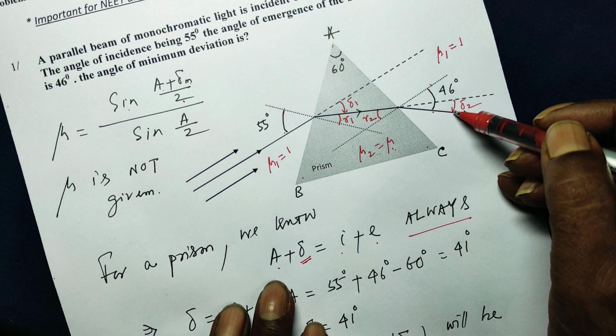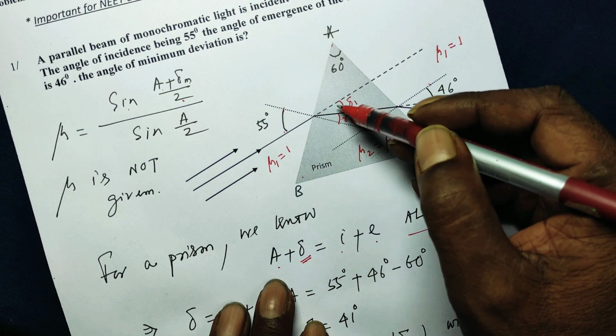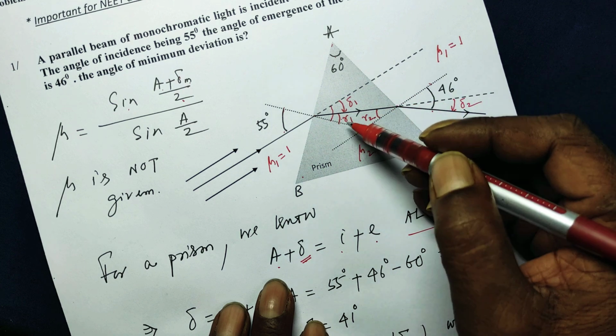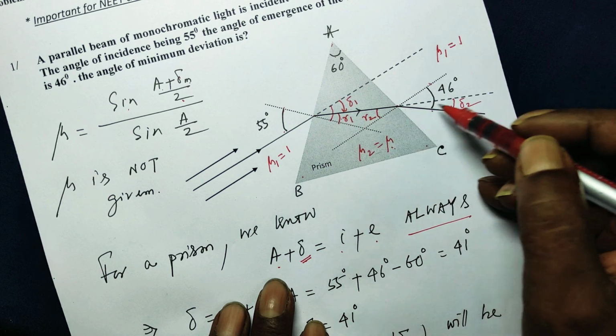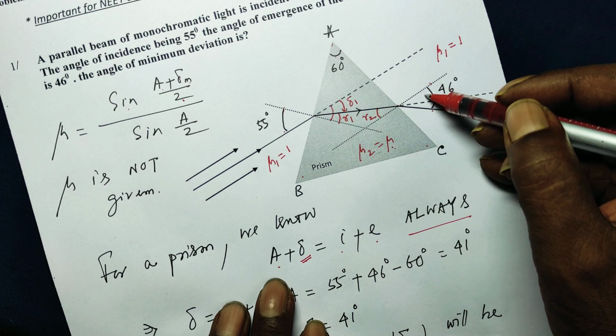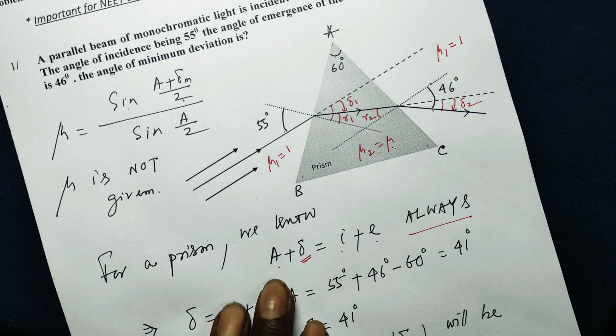And delta 1 is this total angle minus R1, and delta 2 is this total angle minus R2.